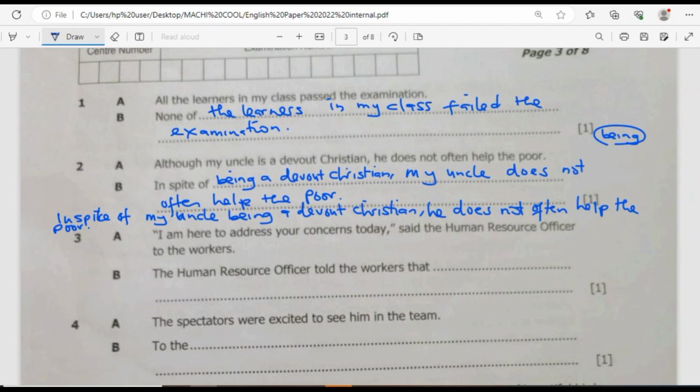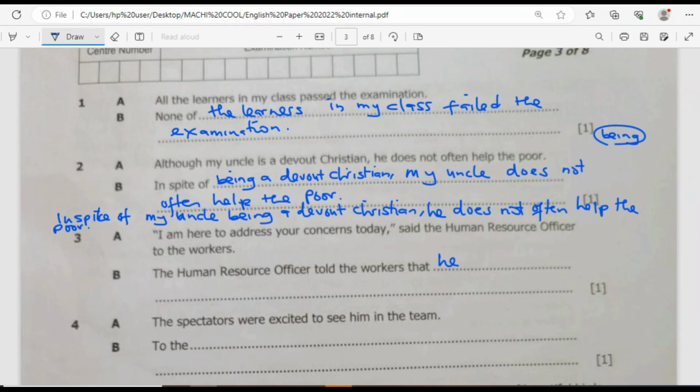And then B, we are saying that this human resource officer was ready to give answers to the workers if they had questions. So the human resource officer told the workers that... we don't know if this human resource officer was male or female.